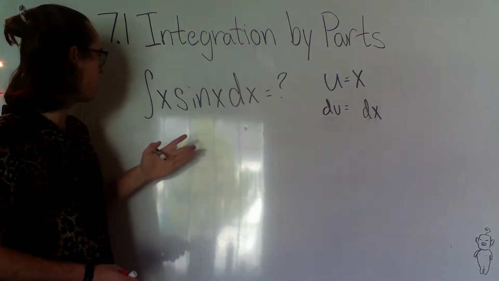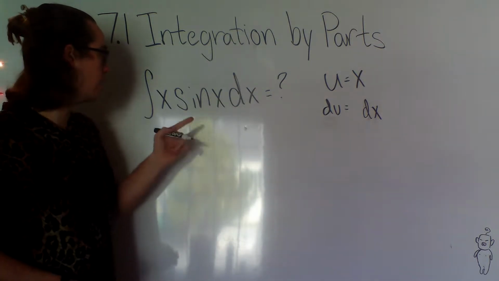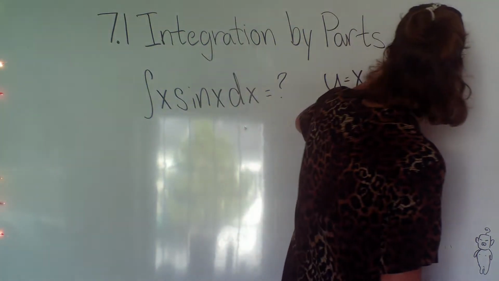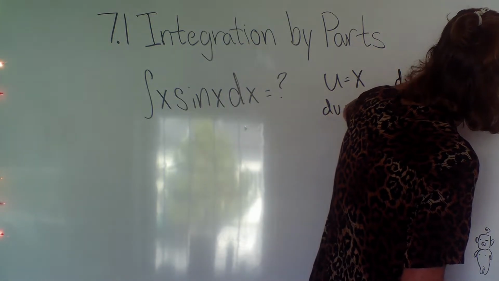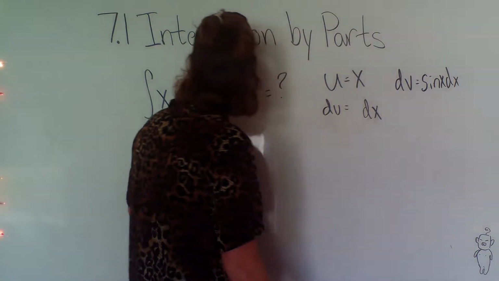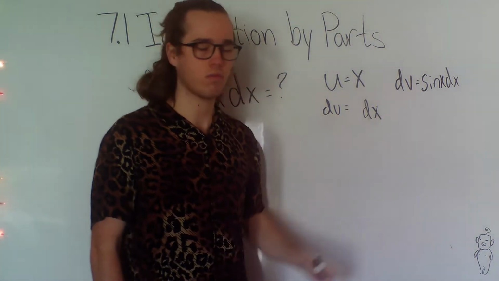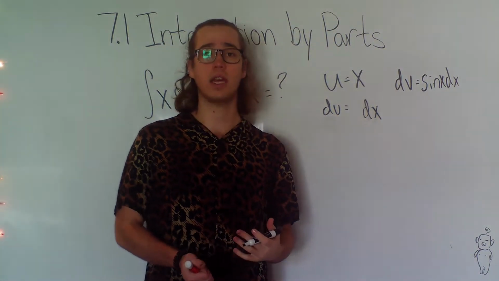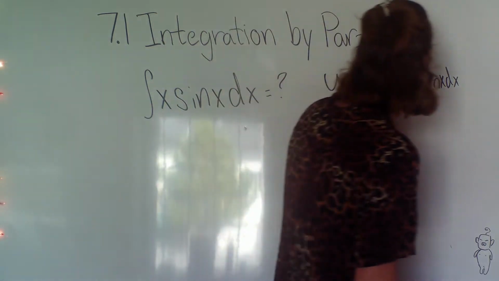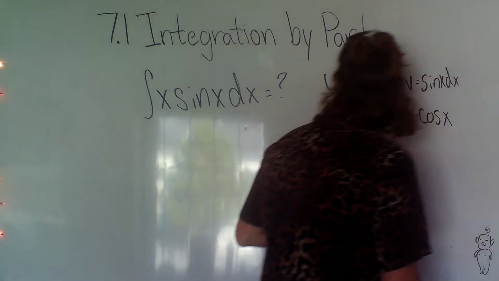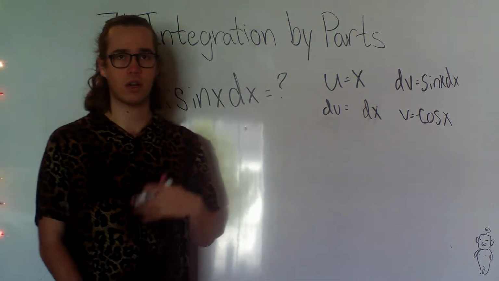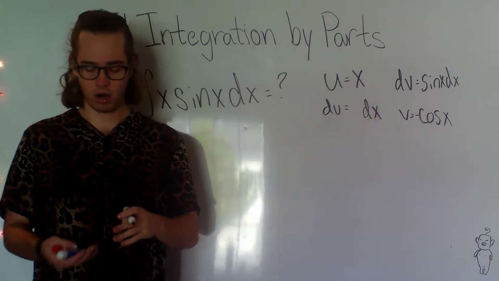Then our dv has to be sine of x dx, and for our v, we just have to find the integral of sine x, which is negative cosine x.